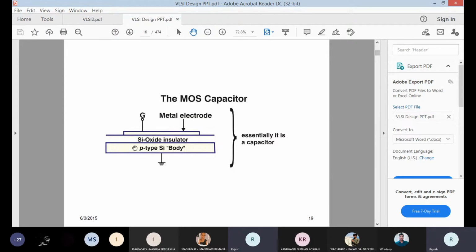The semiconductor material is filled with all holes. So it is like two parallel plates separated by some dielectric material. The carriers get accumulated here. That is called the accumulation region, and it is like a capacitor, two plates separated by dielectric material.